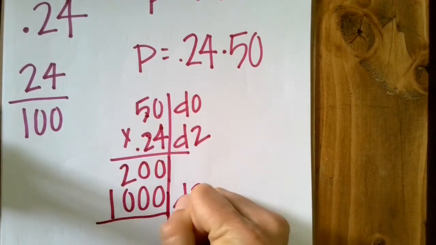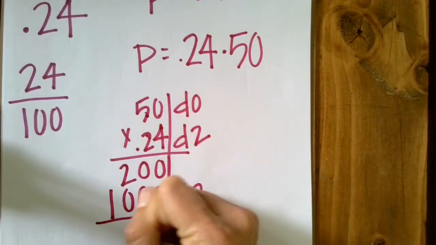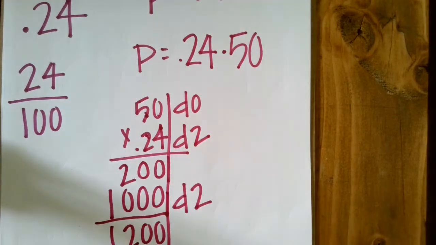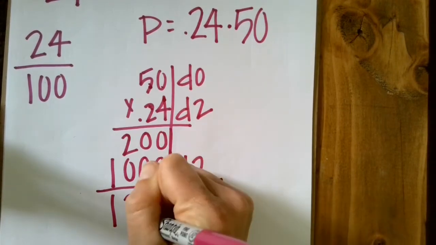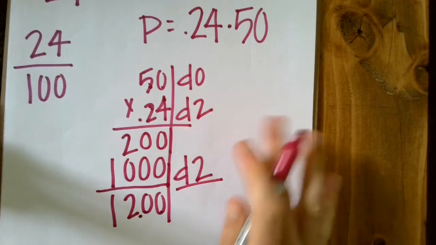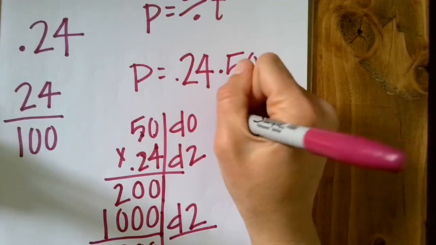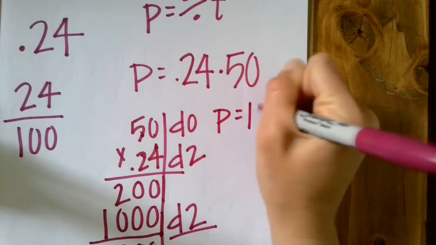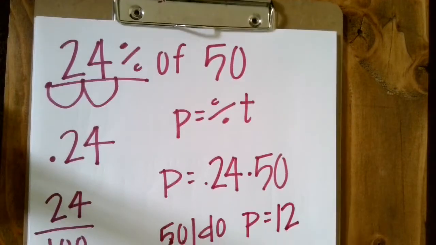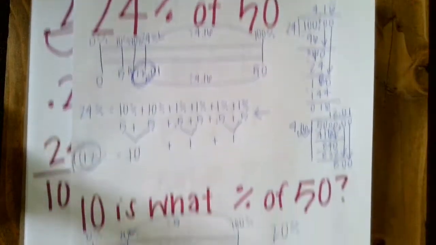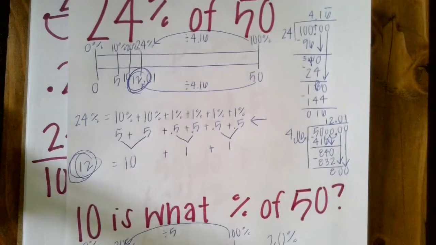Now I have to add them together, and I have to make sure that I have 2 numbers behind the decimal. So 1, 2, put a decimal. This means that the part is equal to 12. So 24% of 50 is 12, and that is exactly what we got the first time that we did it, the 3 different ways.